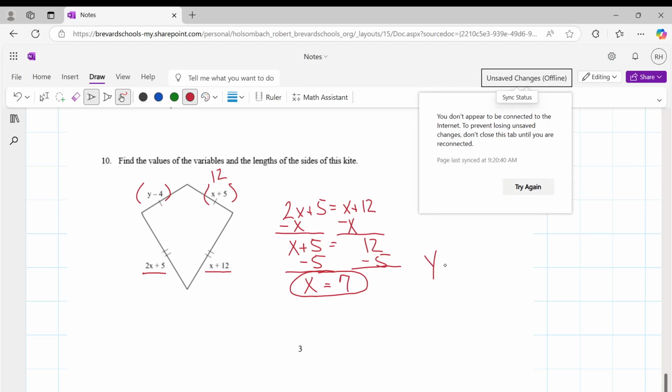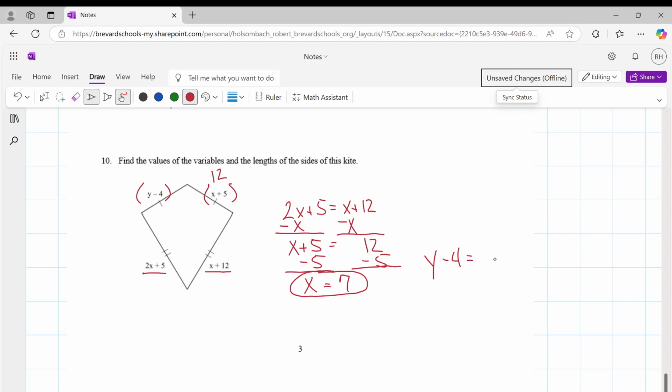So take your y minus 4, set it equal to the 12, add 4 to each side, and we get a y that's equal to 16. All right, so those are the values of the two variables in this kite.